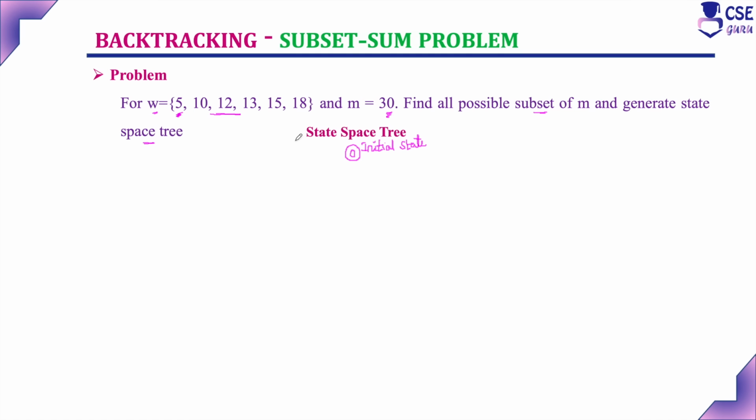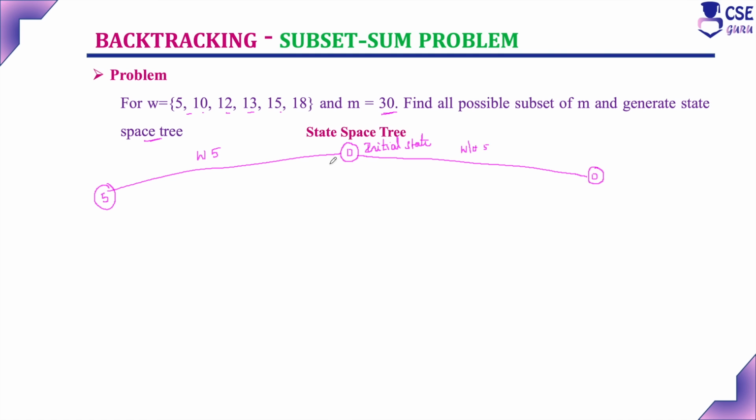If we add this element to the initial sum, what subset sum do we get? If we do not add it, what sum do we get? Likewise, we need to consider. If we add the element 5, that is 0 plus 5, we get 5. And if we do not add that element, we construct that state on the right hand side. So without 5, the value is 0.